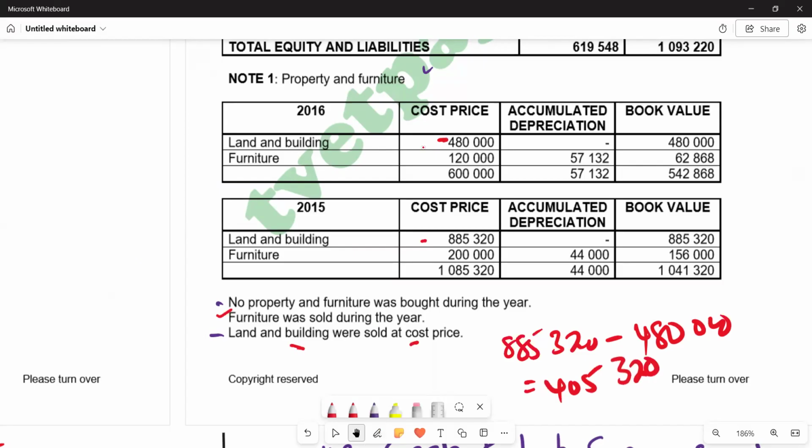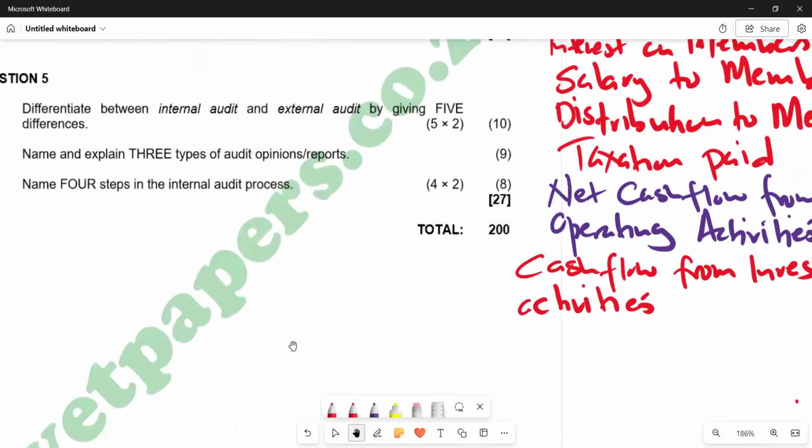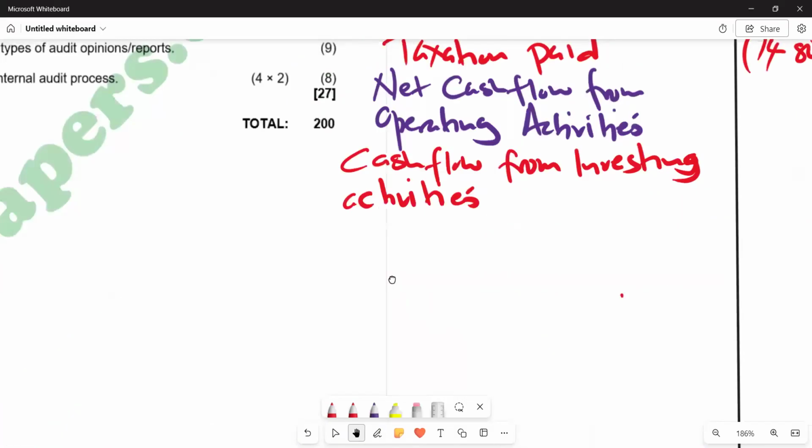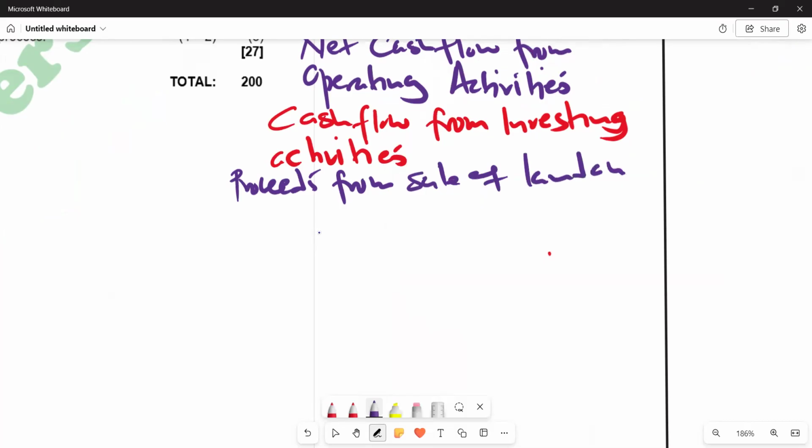So we can put that as our proceeds from sale of land and buildings.